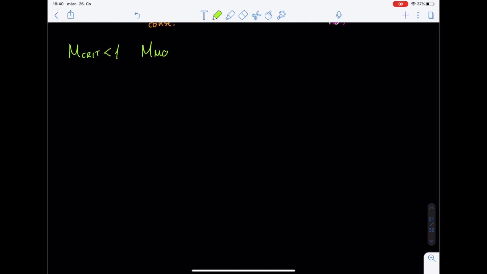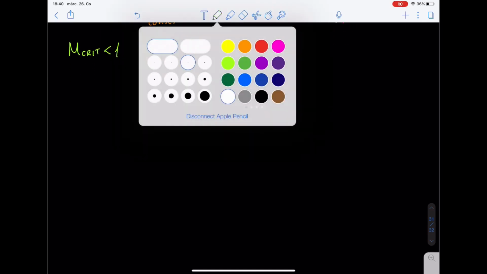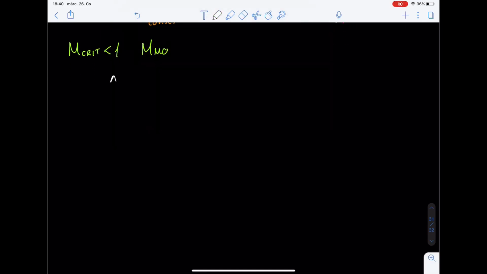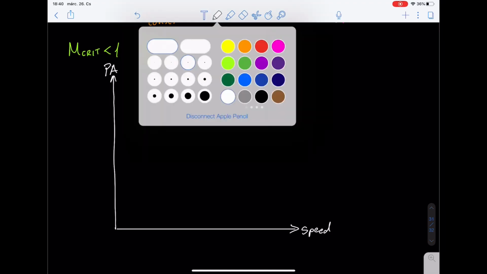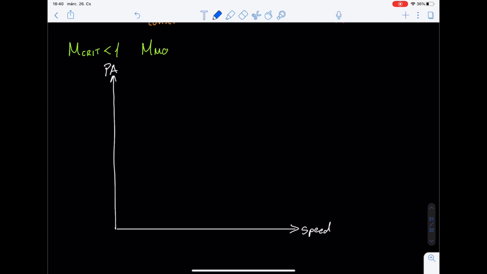And how this looks, to keep our margin during the climb from this maximum operating Mach number, is the following. We have the pressure altitude and we have the speed. Let's say we're climbing, and I'm going to use the same example as in the Path Pilot book.